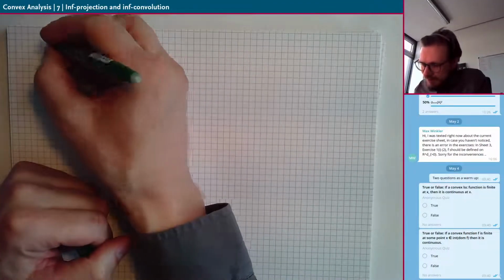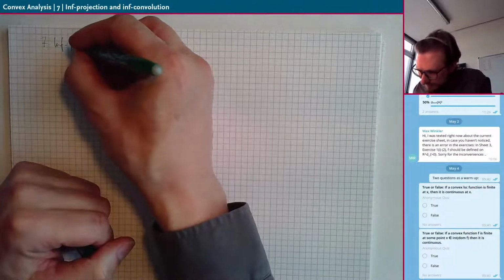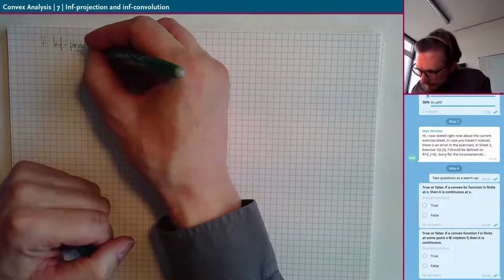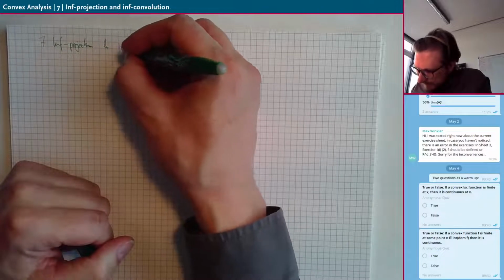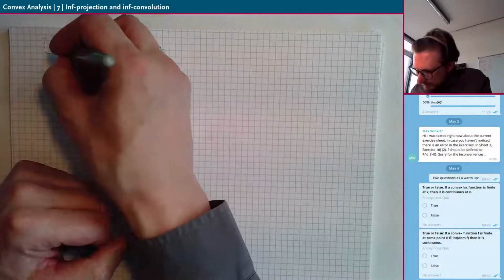Okay, so the topic of today, number 7, is about the so-called inf-projection and inf-convolution. So what's that about?